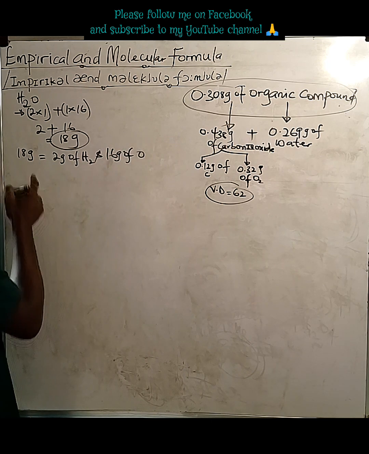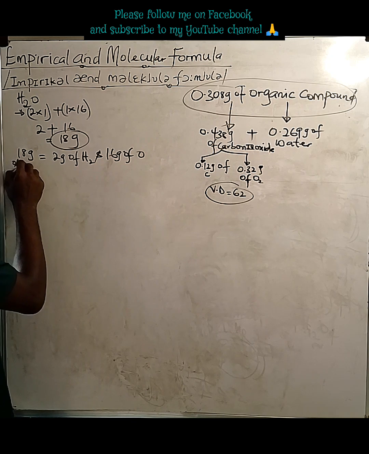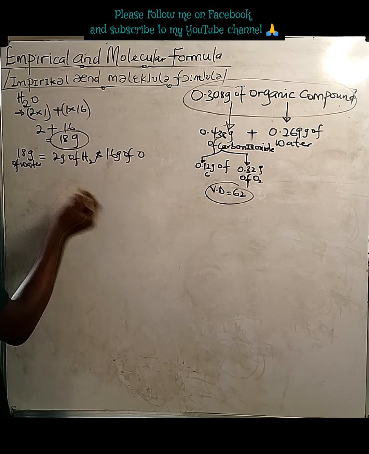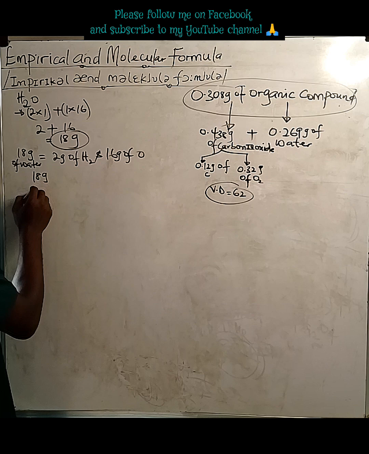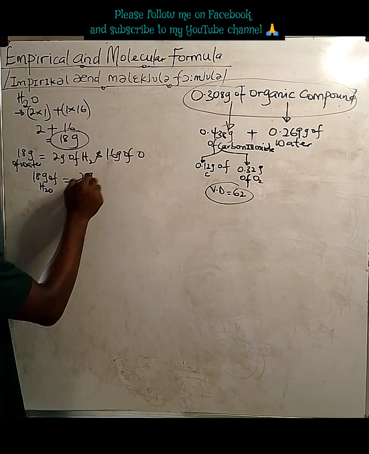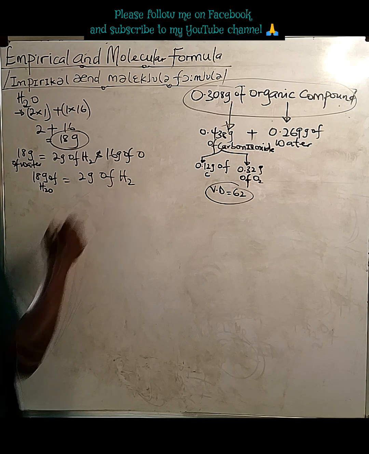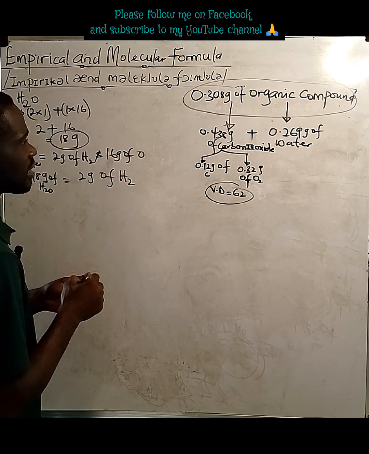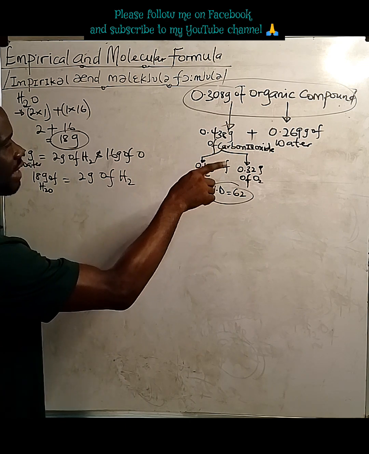So if 18 gram of water, H2O, gives us this, let's analyze. 18 gram of H2O is equal to 2 gram of hydrogen gas. So what are we talking about? We're talking about 0.269 gram of water.